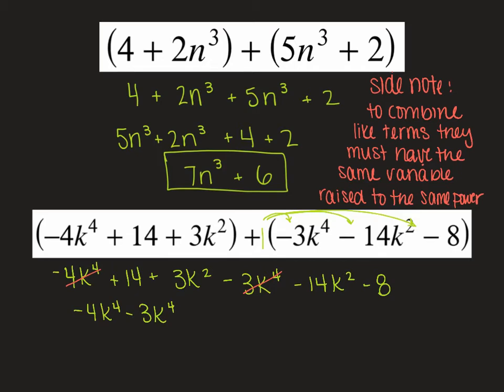So we're going to keep going. So then I have a plus 3k squared and then minus 14k squared. So now I've used both of them. We can cross them out. And then we just keep going down. Then if you had any k terms, which we don't, then we have some constant terms. So we have a plus 14 and then a minus 8.